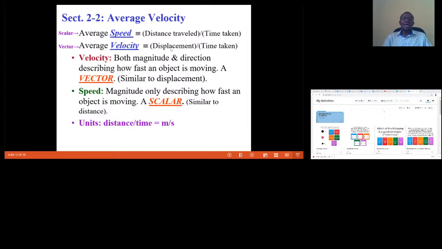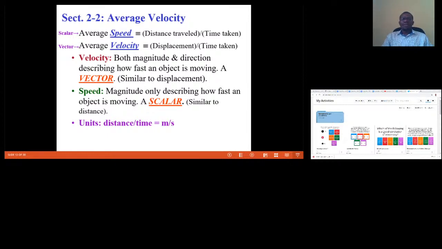Average velocity is given by the displacement over the total time. Now let us say that when going to the lecture theater, you had meandered, you went to see a friend, maybe to pick a calculator at your friend's room, and you went somewhere else.